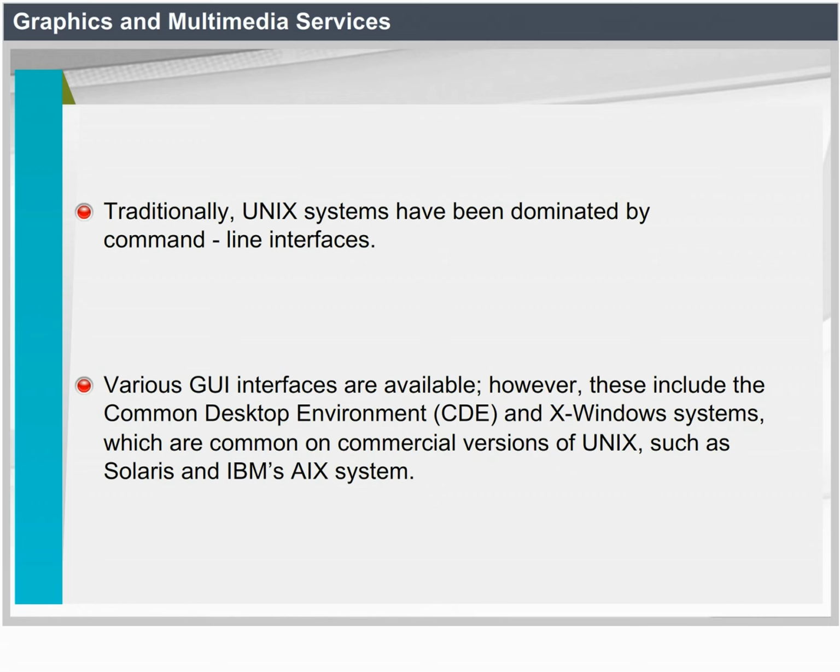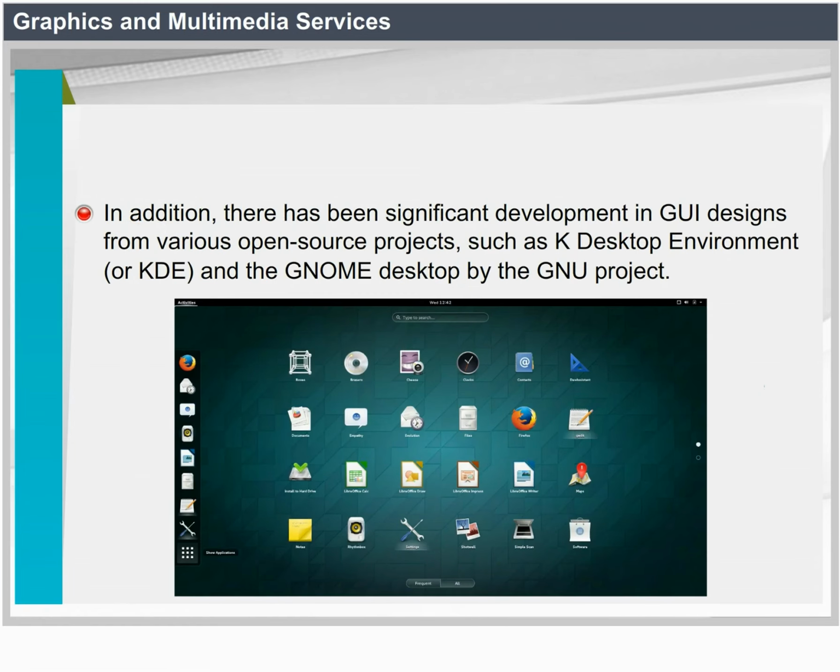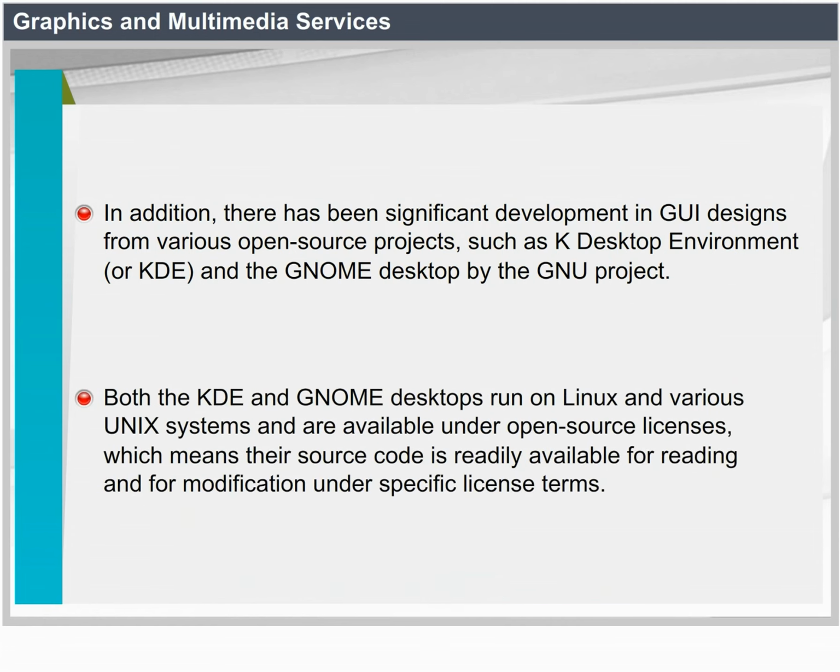In addition, there has been significant development in GUI designs from various open-source projects such as K-Desktop Environment, or KDE, and the GNOME Desktop by the GNU project. Both the KDE and the GNOME desktops run on Linux and various Unix systems and are available under open-source licenses, which means their source code is readily available for reading and for modification under specific license terms.